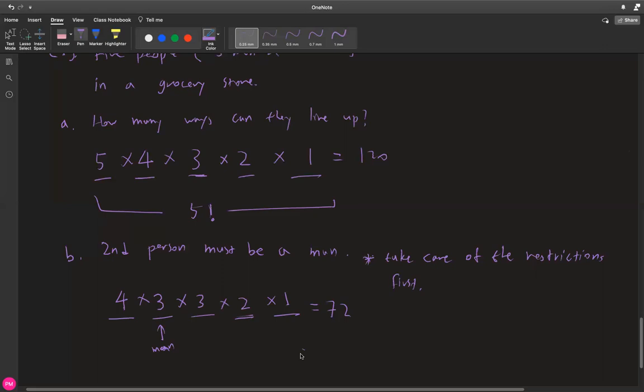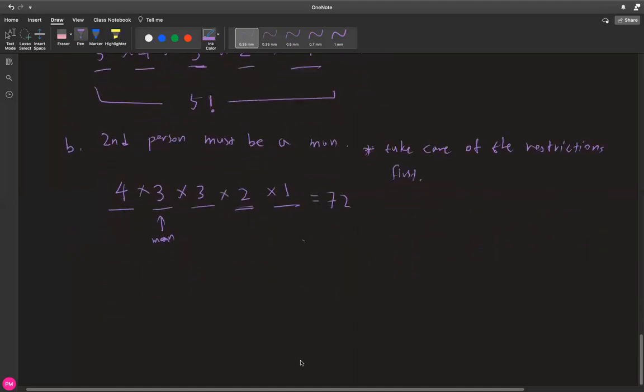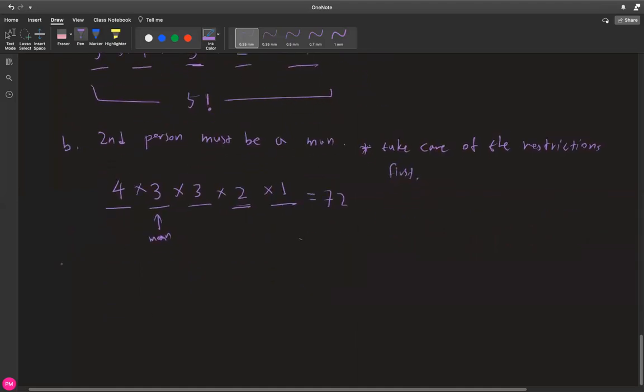So let's do a very similar example, but a little bit more complex. Let's say now we have 7 people at the grocery stand, and there are 4 men and 3 women.